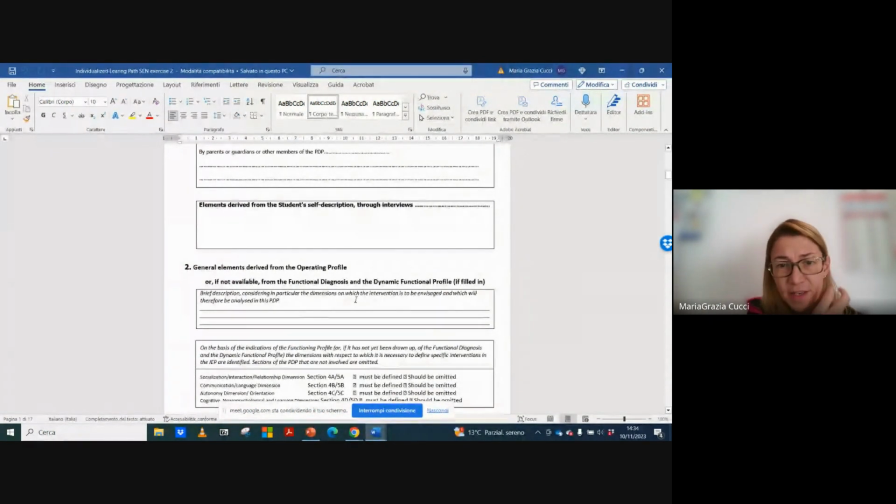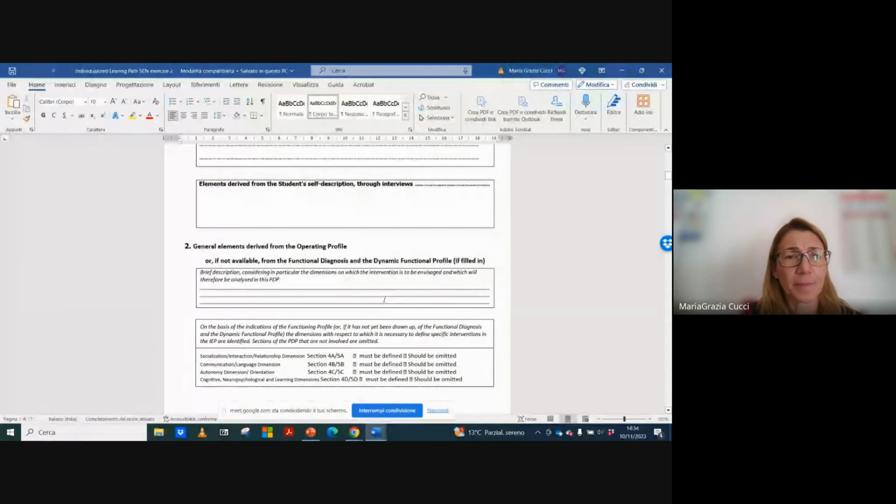This is the certification in which we have the exact situation in terms of special educational needs of the student.